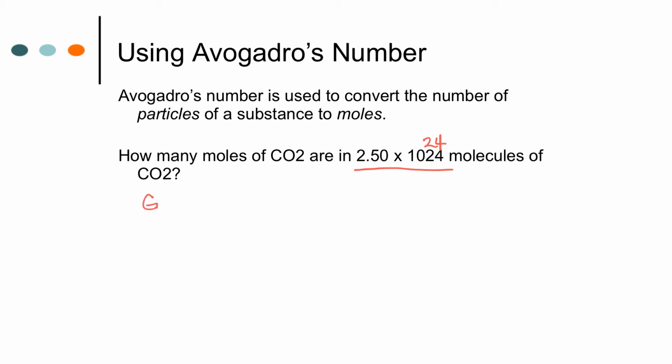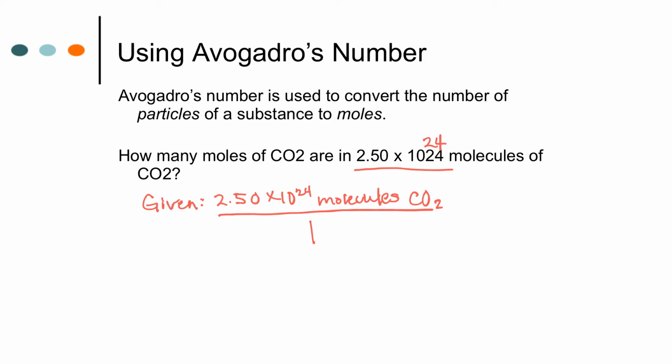And we are given 2.5 times 10 to the 24th molecules of CO2. That's what we're given. And so this is what we're going to start with. So 2.5 times 10 to the 24th molecules of CO2 over 1.